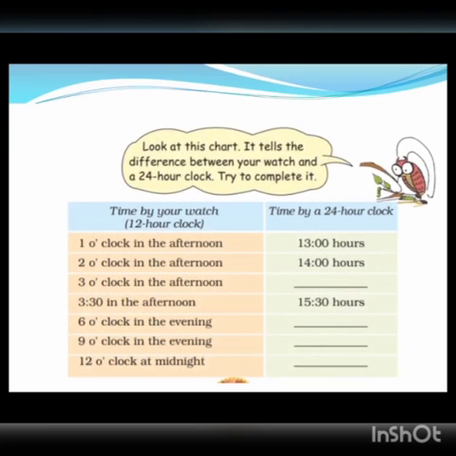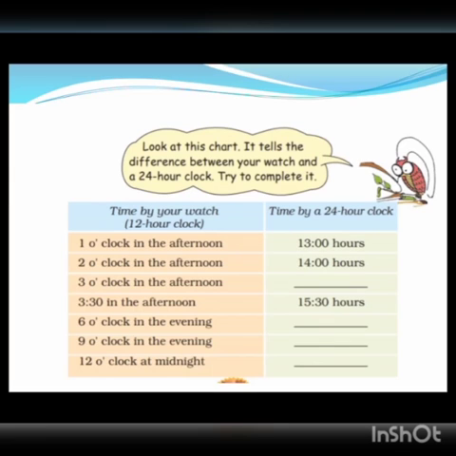Let's proceed further. Look at this chart. It tells the difference between your watch and a 24-hour clock. Try to complete it. We have already learnt the table of conversion, so you can do this very easily. 1 o'clock in the afternoon, that means 13 hours in 24-hour clock.